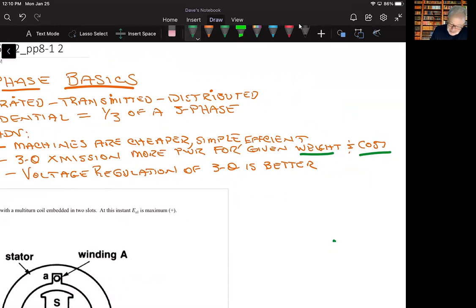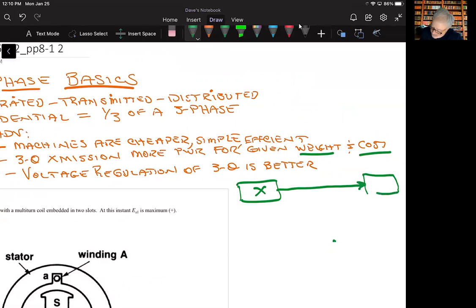And then something else that may be even a little less obvious is this idea of voltage regulation. In other words, I have this initial place X, and I have to transmit that power that's generated here to some user that's here, right?